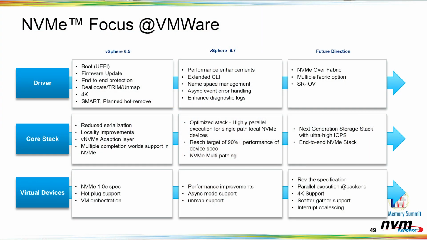So we don't have to have our own driver on the virtualization layer. We leverage the driver from Windows and Linux, but we emulate the NVMe 1.0e spec at this time in 6.7. We're going to move forward in future to rev that spec as well. But in 6.7, we have done optimization on that front as well, performance improvement and async support for the virtualization layer. So that's a lot of good, exciting work we have done in 6.7.